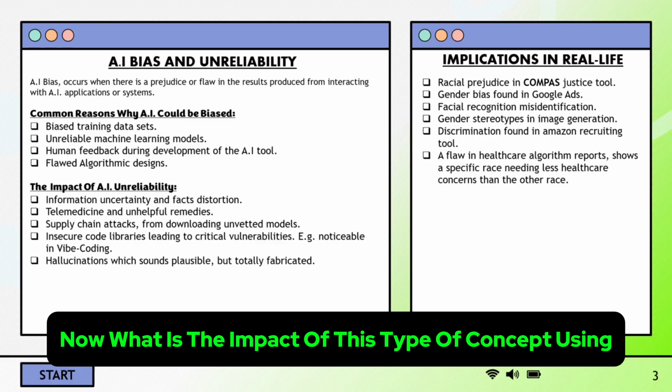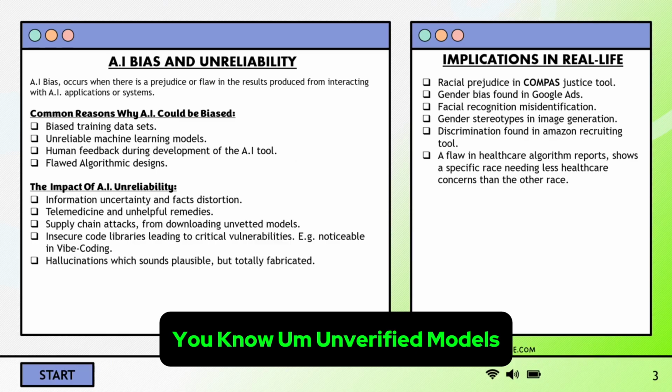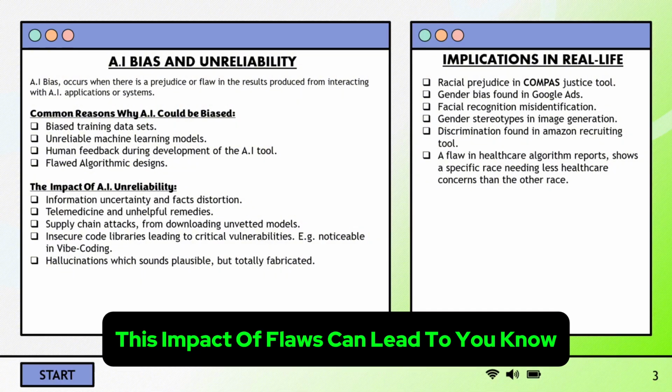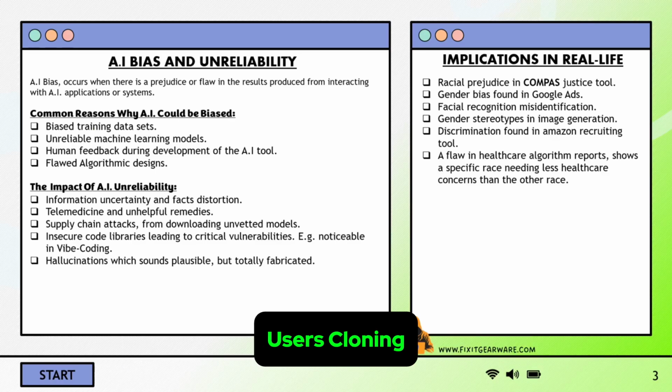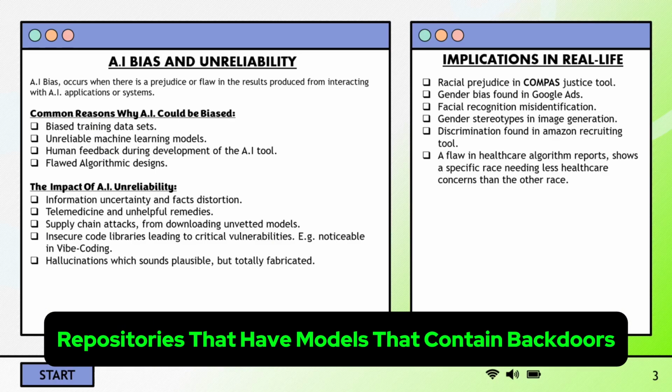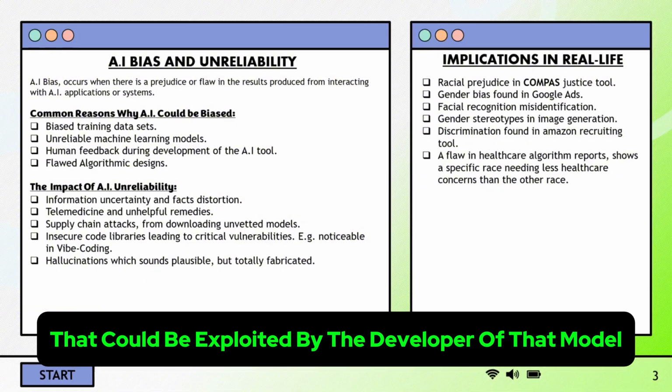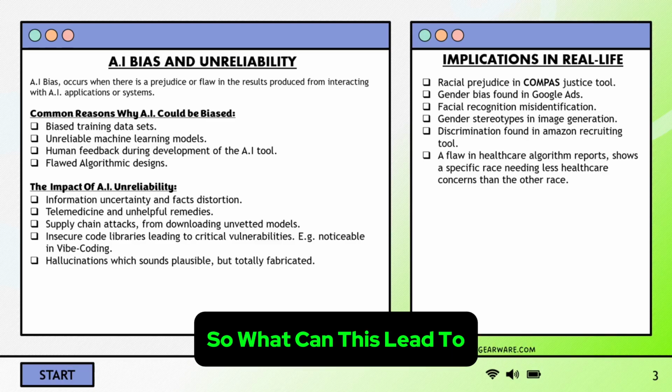Now, what is the impact of this type of concept using unvetted models? This impact of flaws can lead to users cloning repositories that have models that contain backdoors, vulnerable code, or should we say Trojans in them that could be exploited by the developer of that model. So what can this lead to?